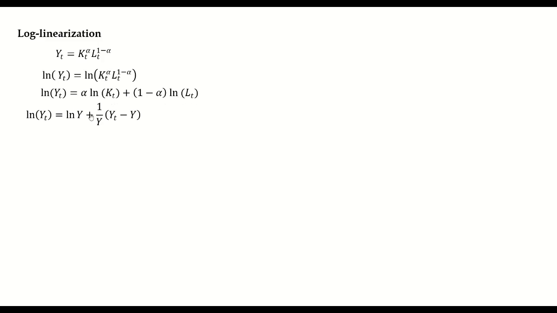So let's understand it step by step. Keep in mind that underlying this, we have a function. We are going to evaluate that function at a steady state, plus we will take the first differential and evaluate that first differential at the steady state, and then there will be a term where we have the variable minus the steady state.